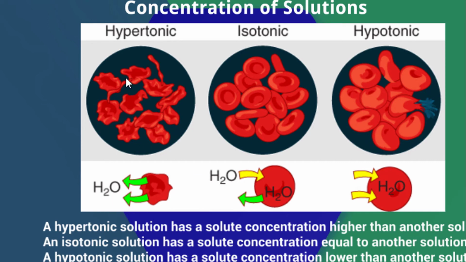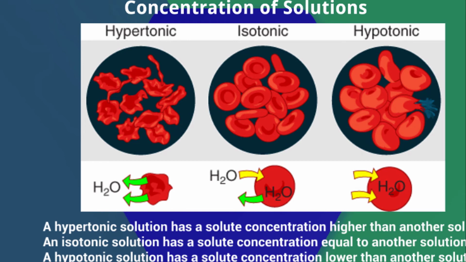Here you can see erythrocytes and water. Water goes out from erythrocytes in hypertonic solution. Cells in a hypertonic solution will shrivel as water leaves the cell via osmosis.